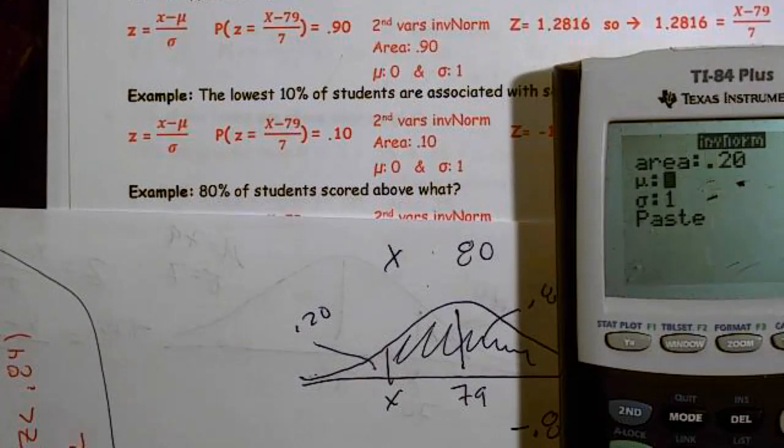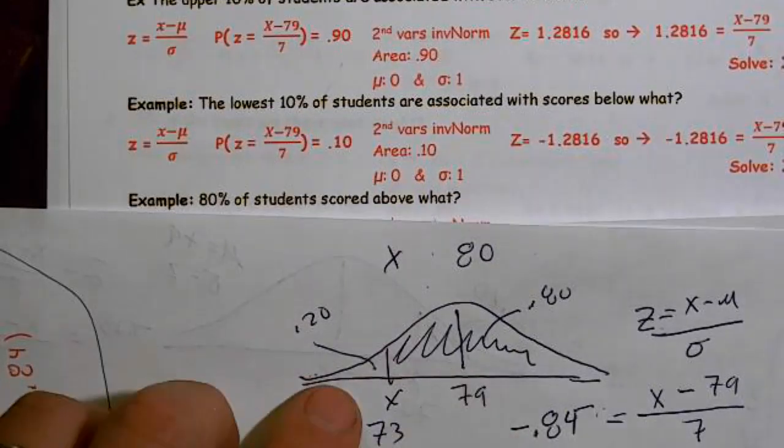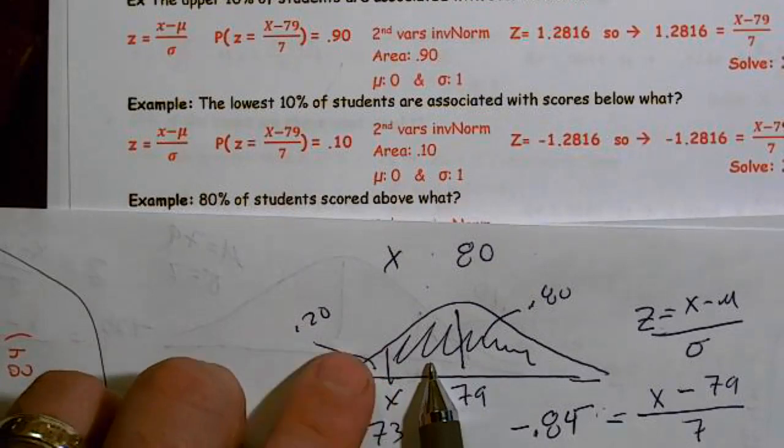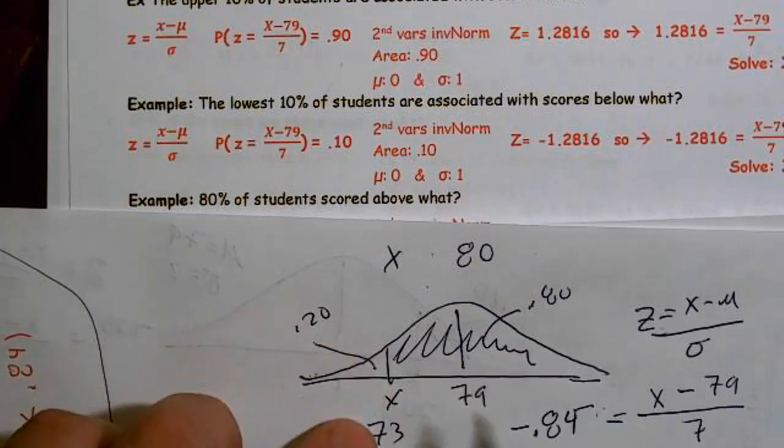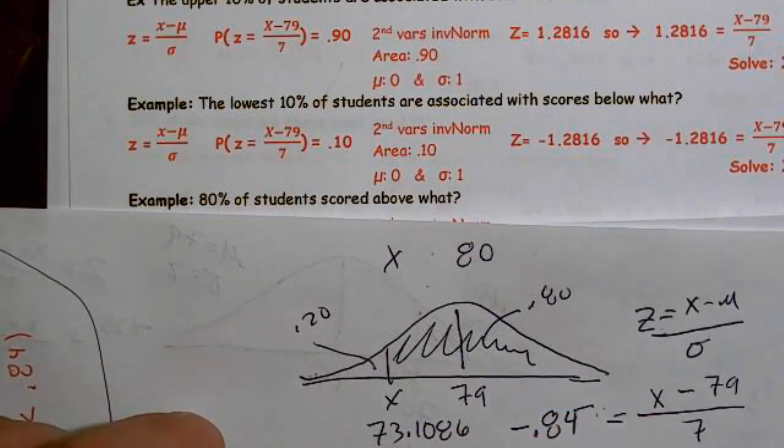The mean is 79 and the standard deviation is 7. So this value is 73.1086. So what that means is 80% of the students scored above a 73.1086. All right. Thank you. Hope that worked.